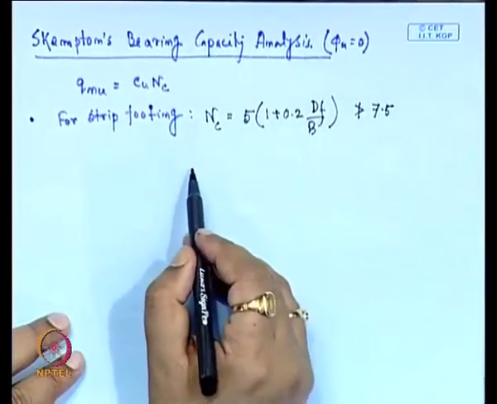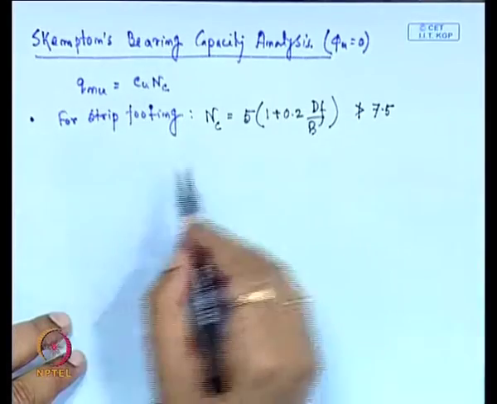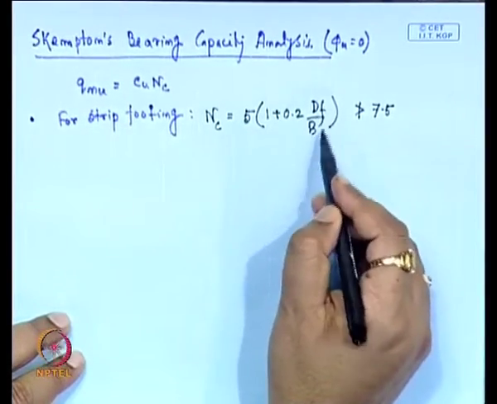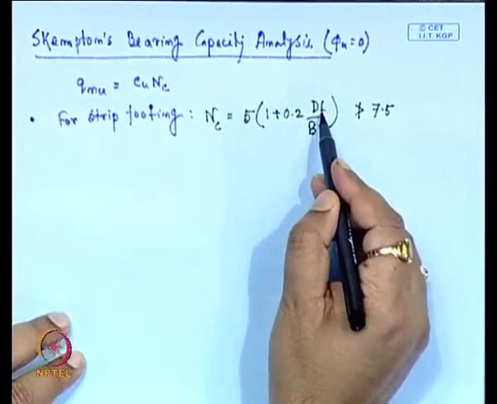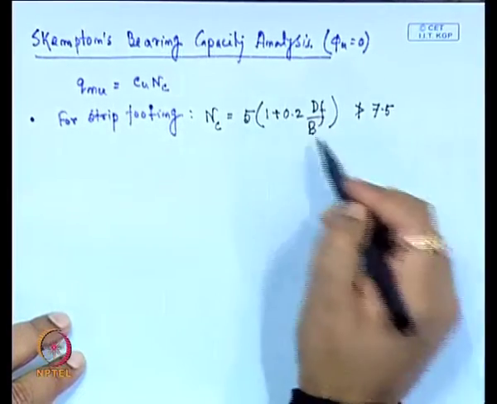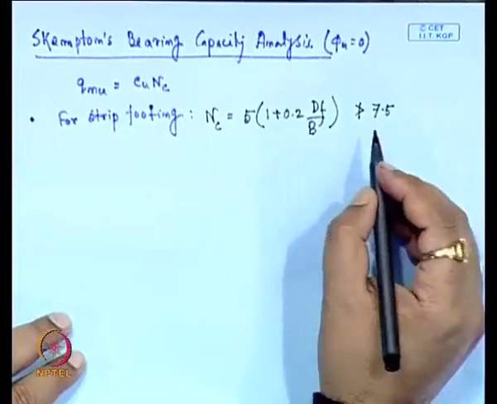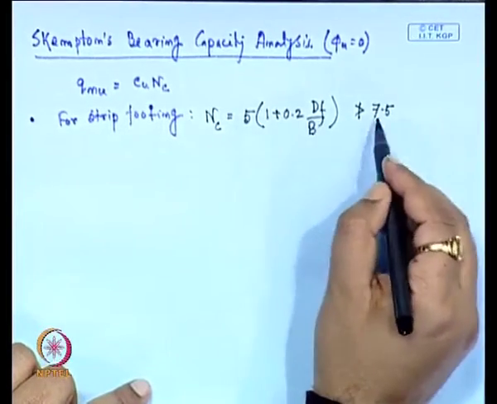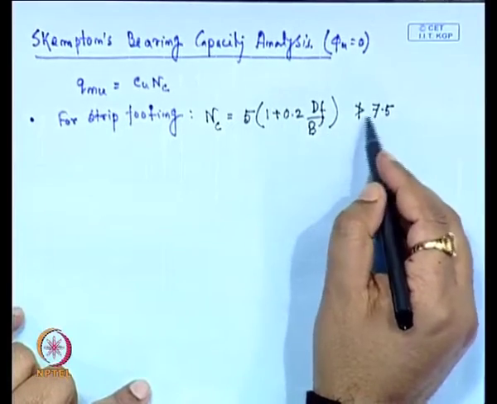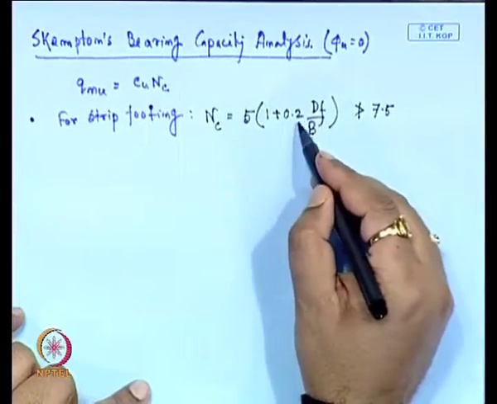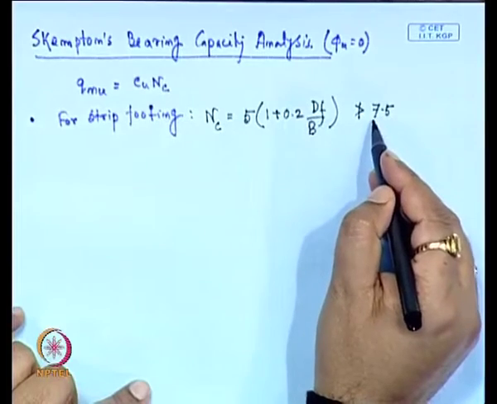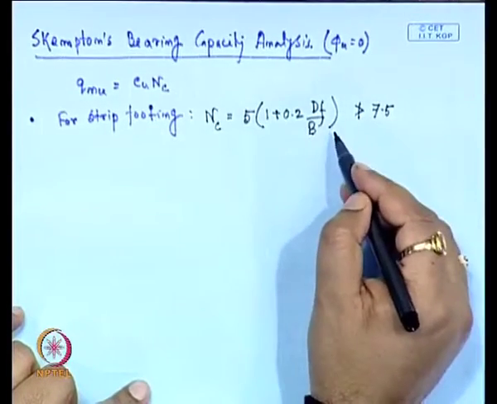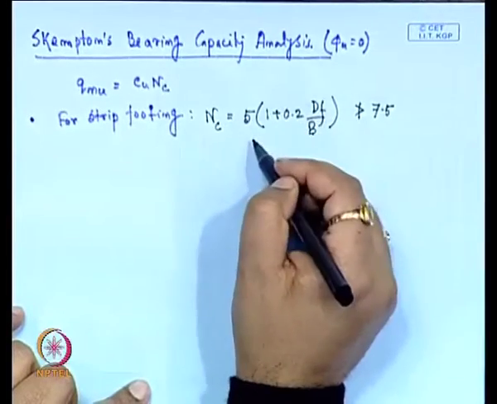So, for the strip footing, this Nc is 5 into 1 plus 0.2 df by B, where df is the depth of the foundation and B is the width of the foundation, and that is limited to 7.5. That means we have to consider the minimum of these two. If the calculated value is greater than 7.5, then we consider 7.5. If the calculated value is less than 7.5, then we consider the calculated value.